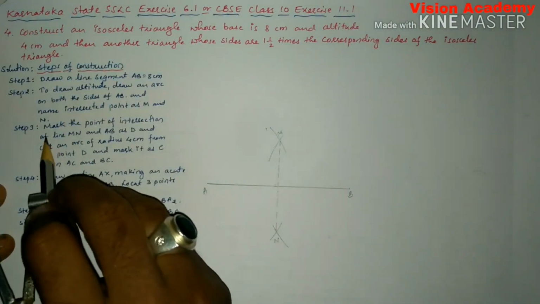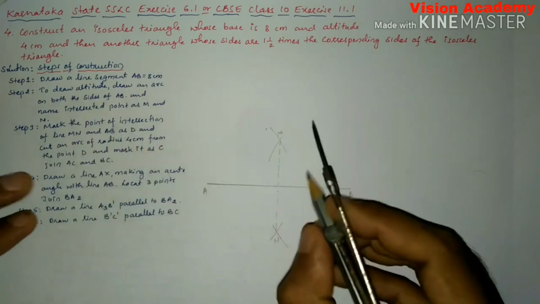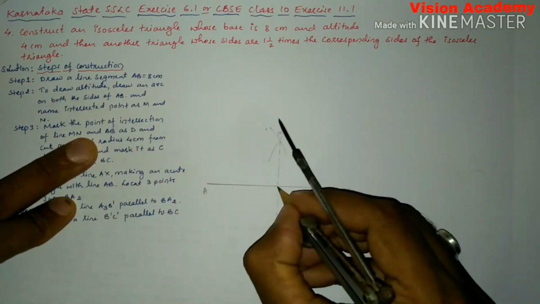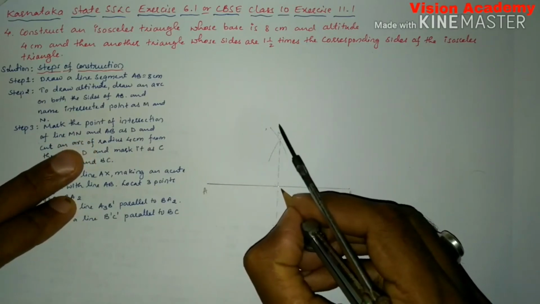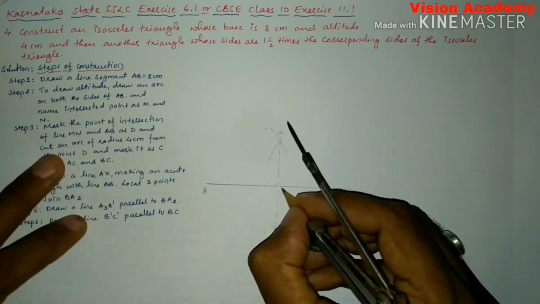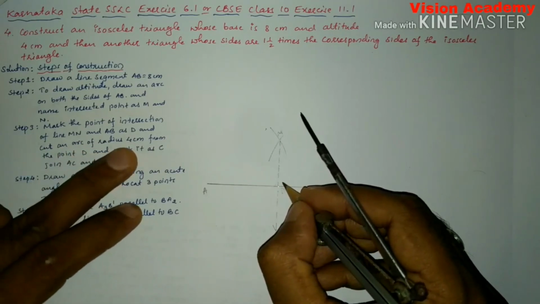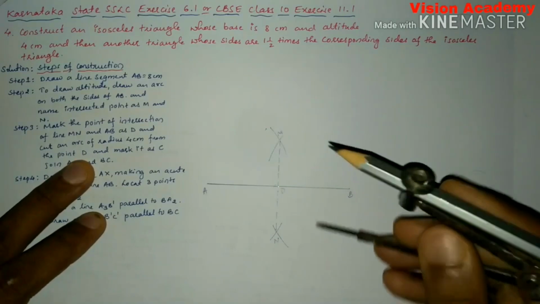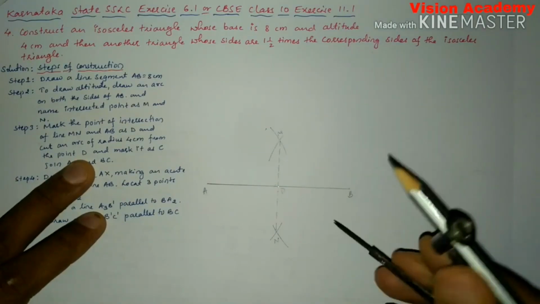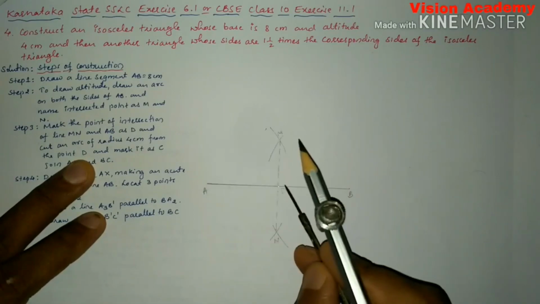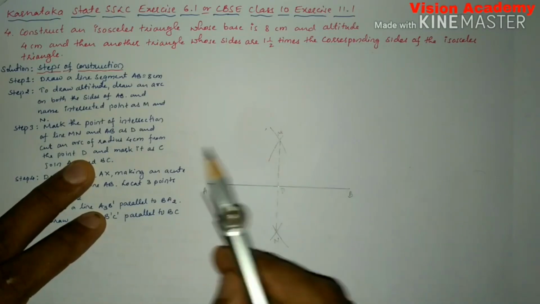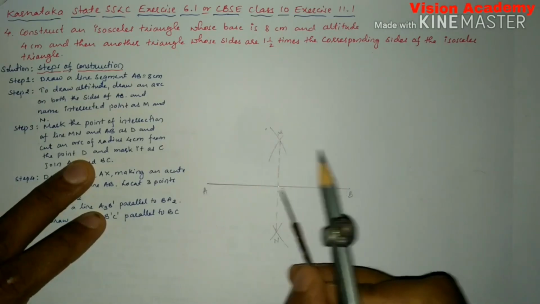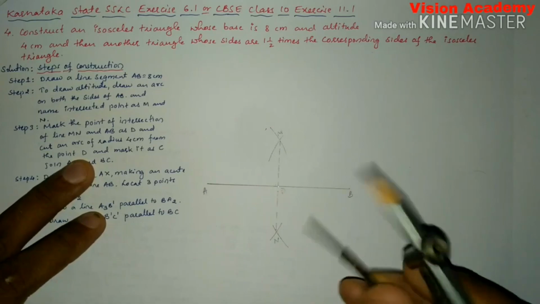Next, we'll move on to the third step. Mark the point of intersection of line MN and AB, that is the intersected point here, and name it as D, and cut an arc of radius 4 cm from the point D. So here DB is 4 cm and AD is 4 cm, because AB is 8 cm and half of AB is AD, that is 4 cm.